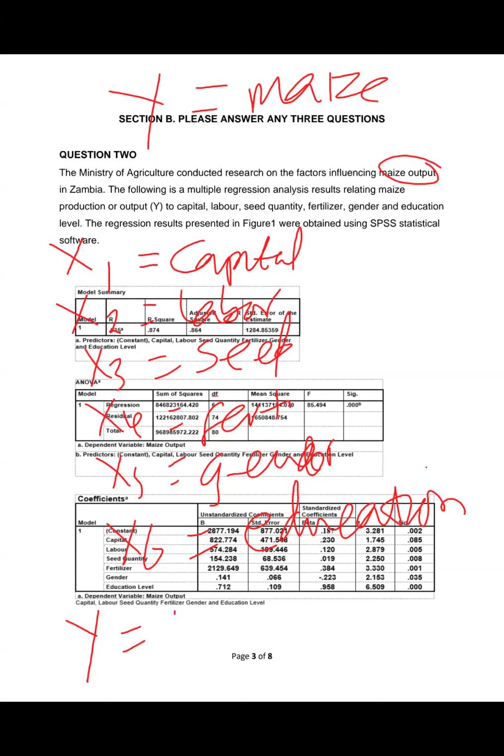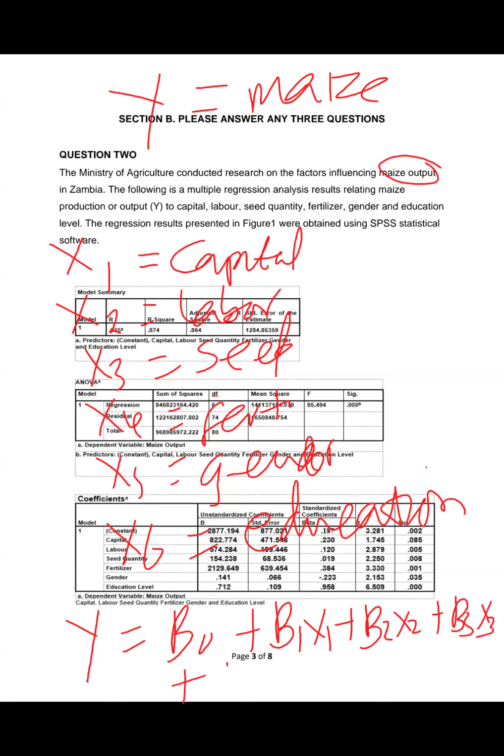Y is equal to beta naught plus beta 1 x1 plus beta 2 x2 plus beta 3 x3, plus beta 4 x4 plus beta 5 x5 and beta 6 x6 plus the error term. This is the model.